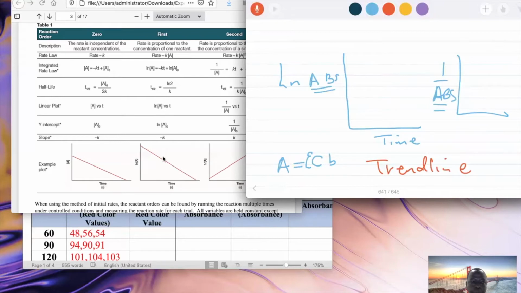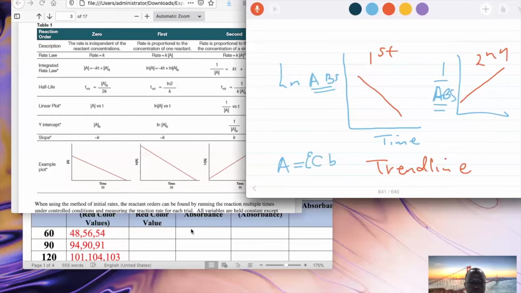For example, I may have a trend line here where R squared is 0.9997 and here 0.952. This one will be lower, so I'll go with the first one, and vice versa. So please include the trend line in your plot and see whether it is first order or second order.